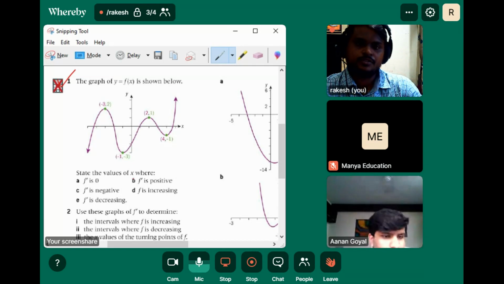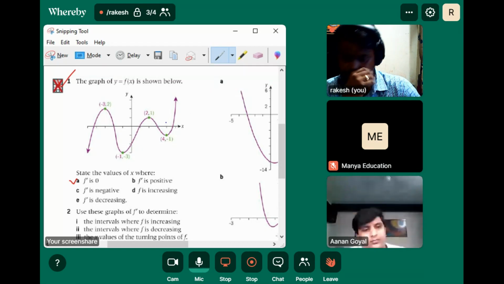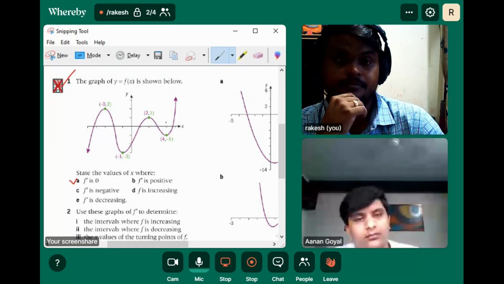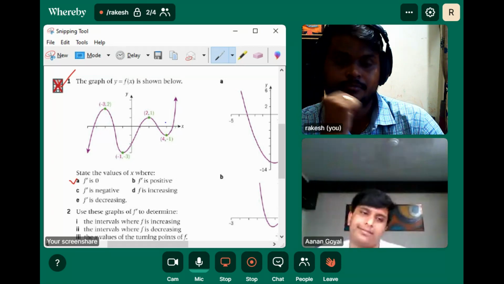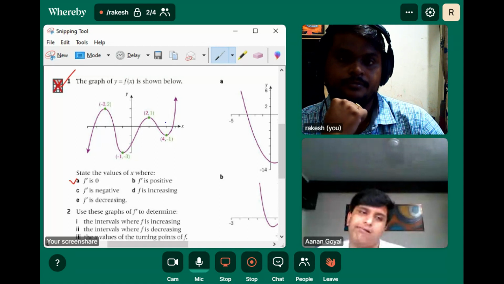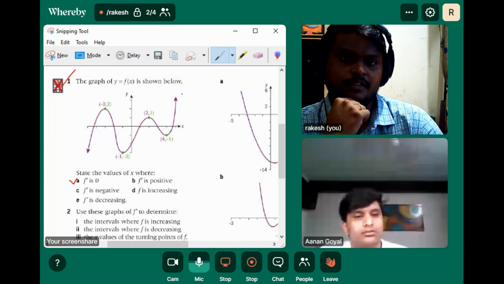So state the values of x where f dash is 0. This is the curve of f of x.